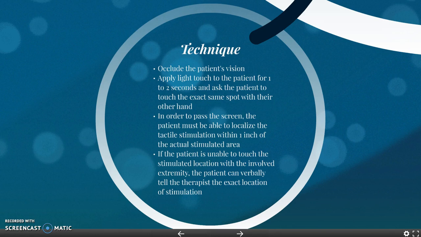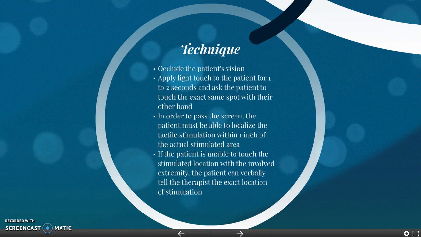And next, either using your fingertip or an aesthesiometer or even a cotton swab stick, you apply light touch to the uninvolved upper arm for 1 to 2 seconds, and then ask the patient to use their involved extremity to touch where they felt the applied sensation. And then you'll repeat these steps with the forearm and the palmar surface of the hand. And then you'll repeat the entire process on the involved extremity.